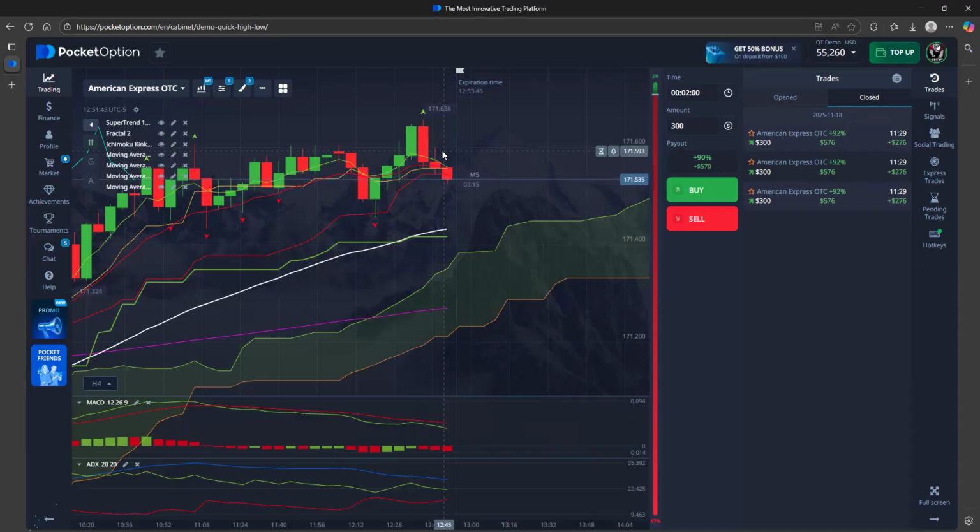Gold, silver, oil, indices, crypto are all volatile things, connected to so many different things. So in order to be successful in the savings account program, we want you to just trade regular Forex pairs.